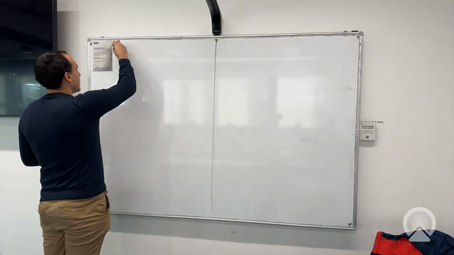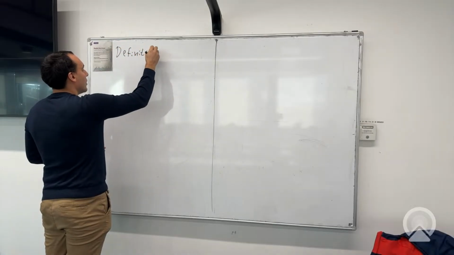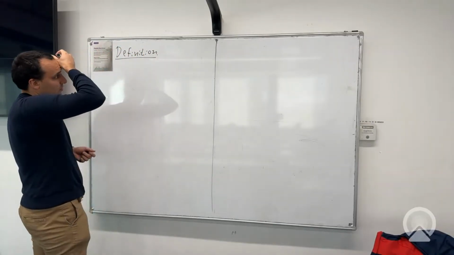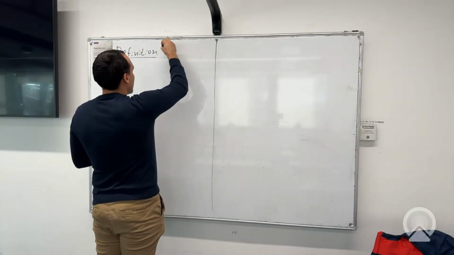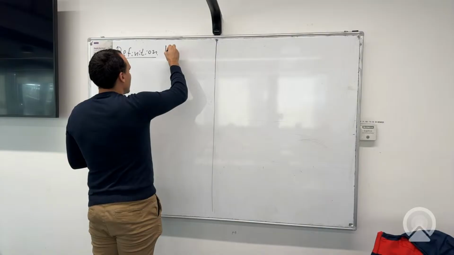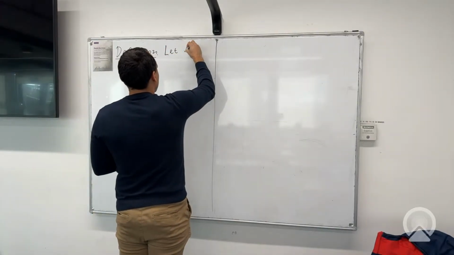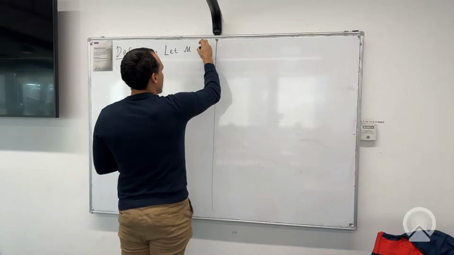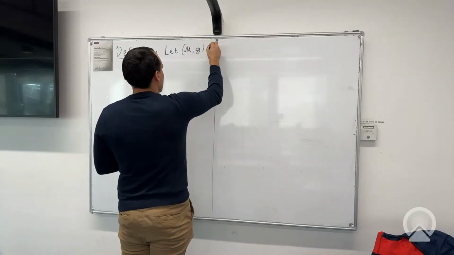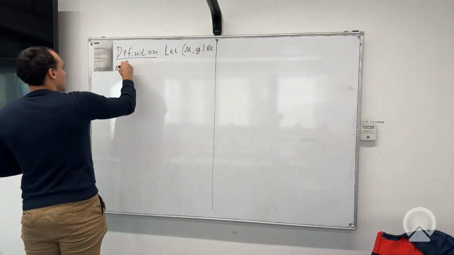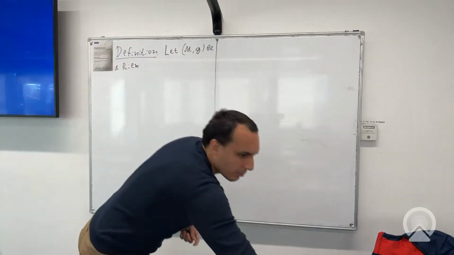So let's do some definitions. I will do two definitions in one place. Let M, G be a Riemannian manifold. So a smooth manifold with a metric. Let it be compact.